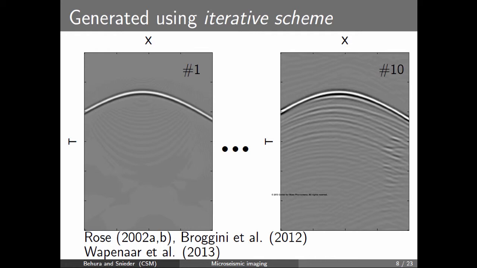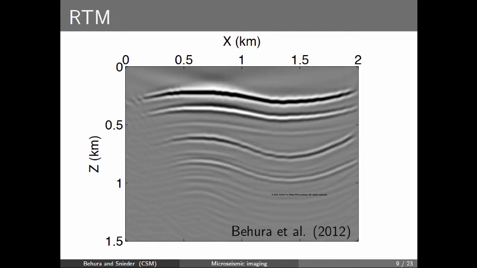For those who attended the CWP meeting last year, you might recall that we used this iterative scheme and also decomposed the Green's functions into up and down going waves to image primaries as well as internal multiples in surface reflection data. For example, here is an RTM image of a fold belt.